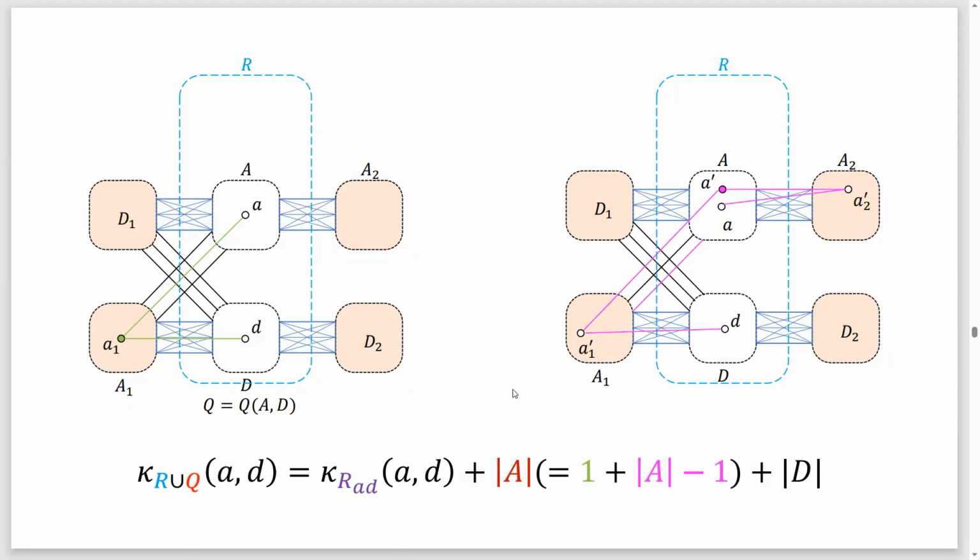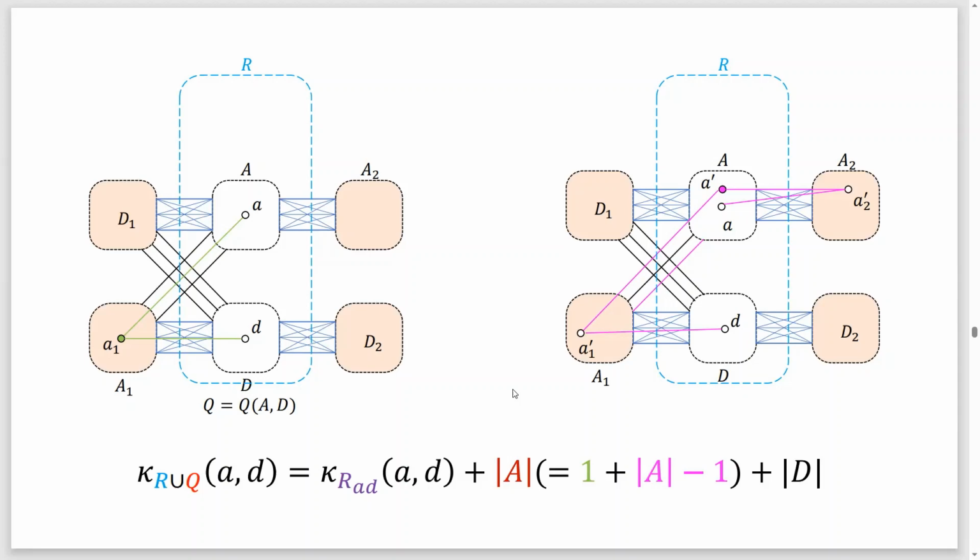Therefore, actually the nodes in D1 rest and in A2 rest are only connected to the A, and the nodes in A1 and D2 rest are only connected to the node D. Therefore, also we can safely ignore them when we consider the connectivity between A and D.